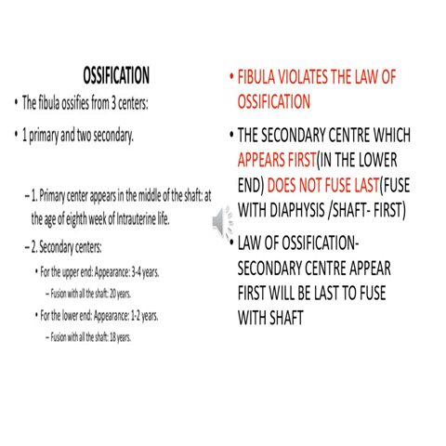But the epiphysis for the lower end appears early, at the age of 1 to 2 years, and fuses with the shaft also early, at 18 years. So it violates the law of ossification. The secondary center which appears first in the lower end does not fuse last. It fuses earlier. So the fibula violates the law of ossification.